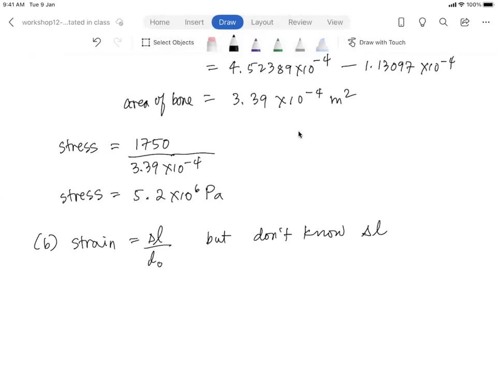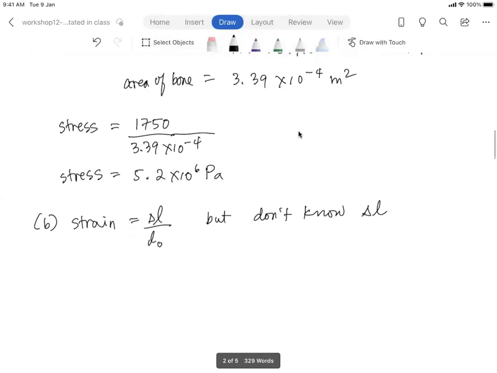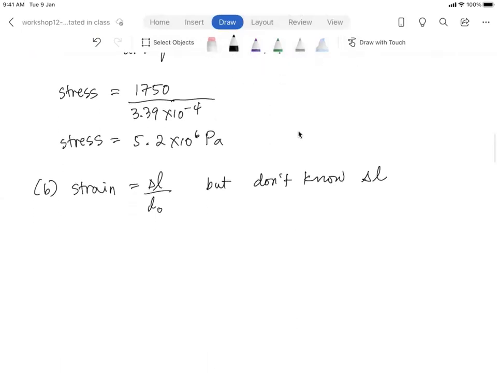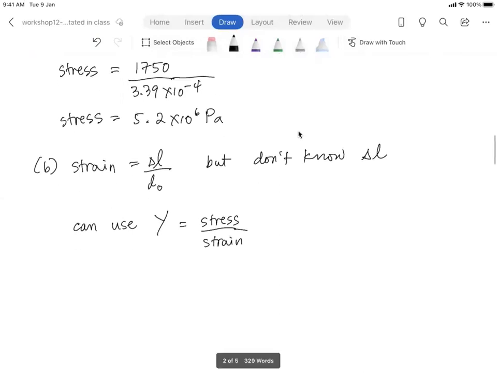In fact, that's the next question that we need to solve. But we can use an alternative equation because we know the Young's modulus, it was given. And the Young's modulus relates the stress to the strain. So Young's modulus Y is equal to stress over strain.